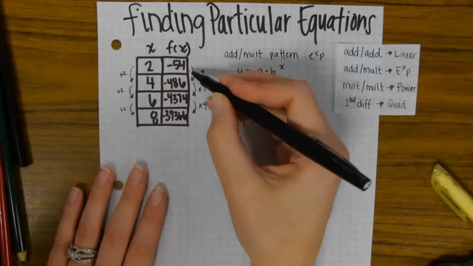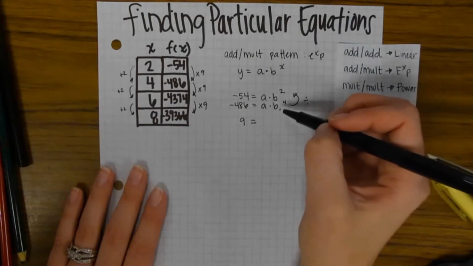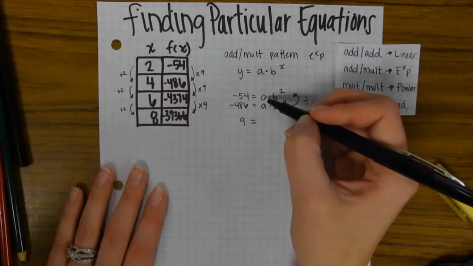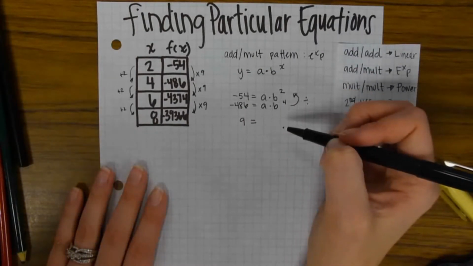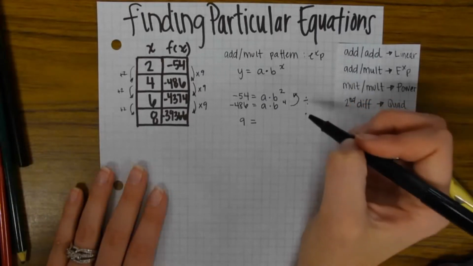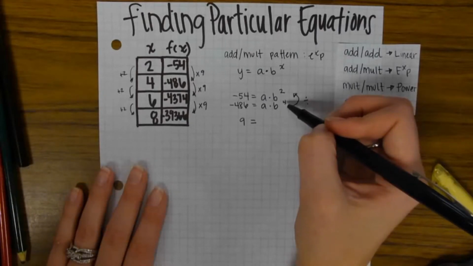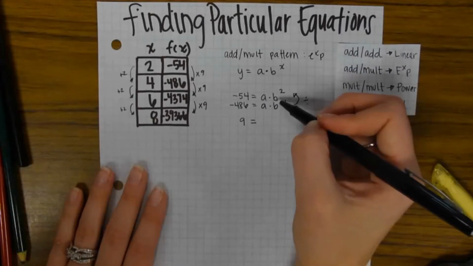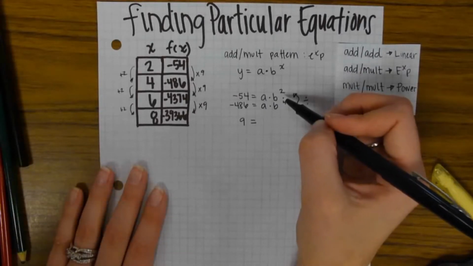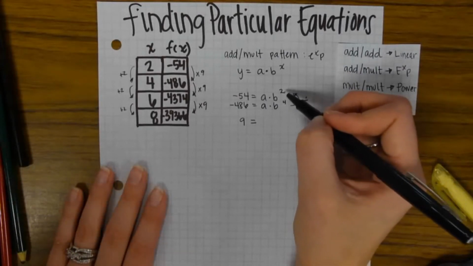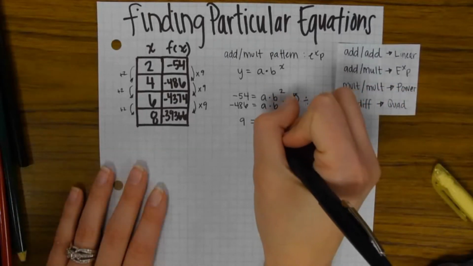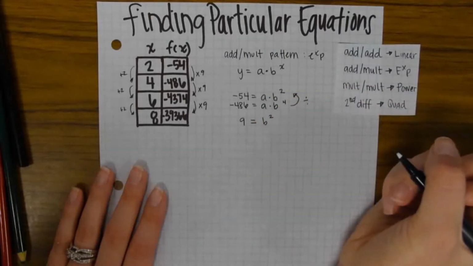We did that right here. A divided by A is 1, so we don't have to write that down. B to the fourth divided by B to the second. Well, our exponent properties say if you divide an exponent by another, you subtract them. So this becomes B squared.